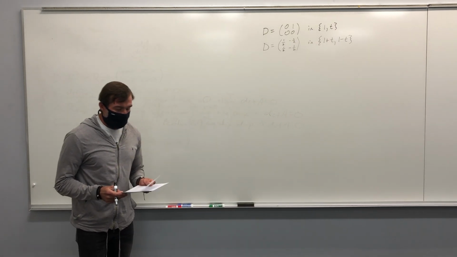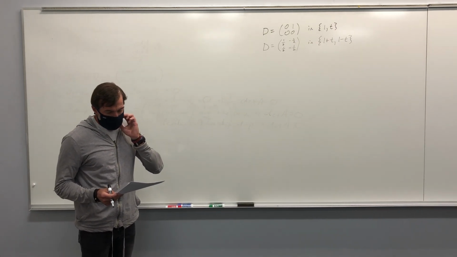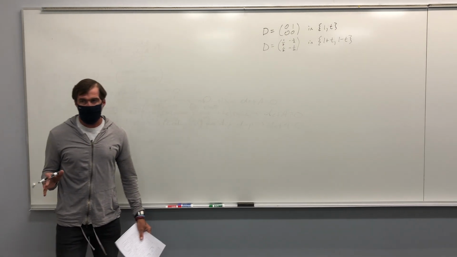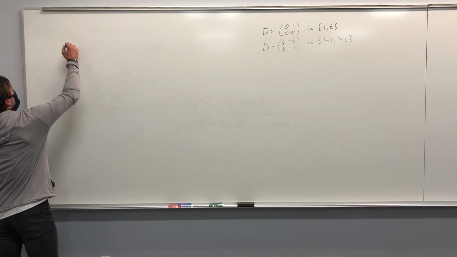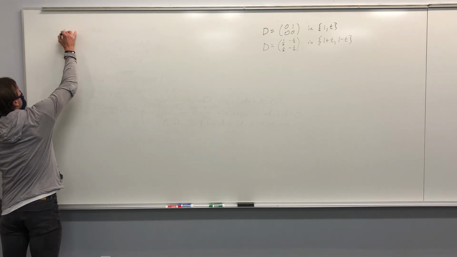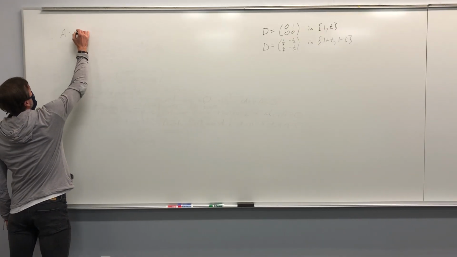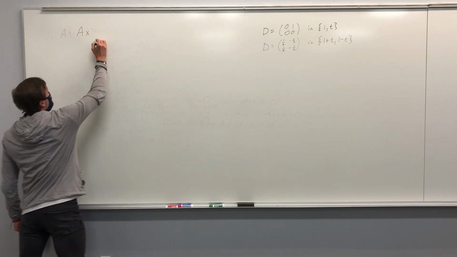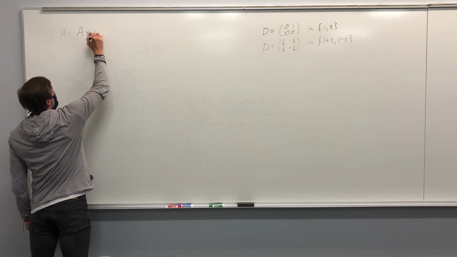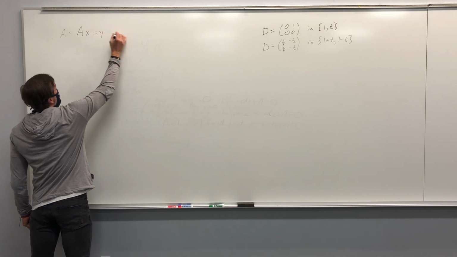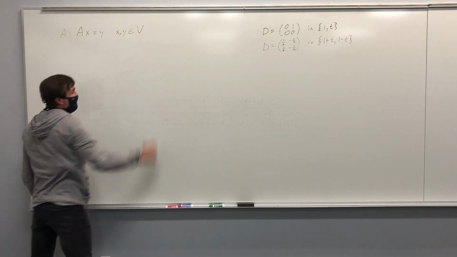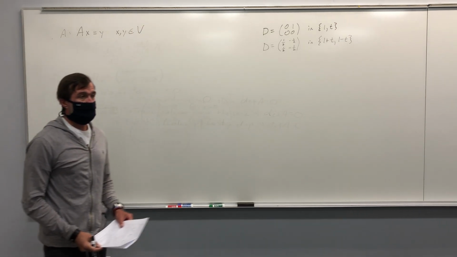Okay, so now what we've been doing is we've been focusing on linear transformations. And linear transformations, A, have this property that if I hit an x with the linear transformation, then it maps the vector x to a vector y, where both of the vectors x and y sit in the vector space V. Okay?